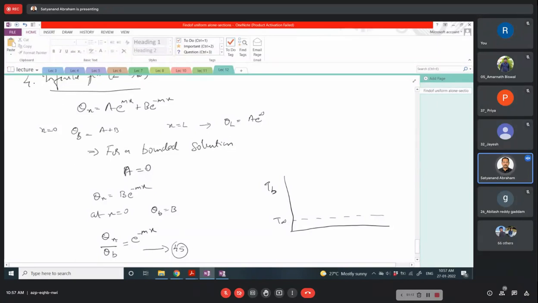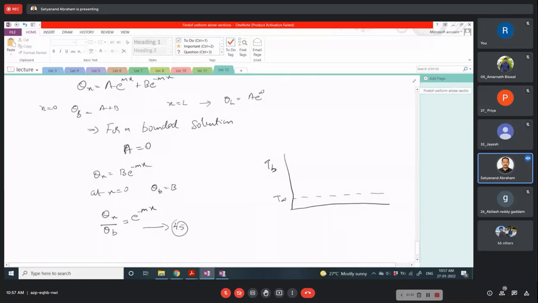So T is going to be equal to T infinity at x is equal to L. That means as L tends to infinity, T tends to T infinity. So it is exponentially approaching, exponentially varying.